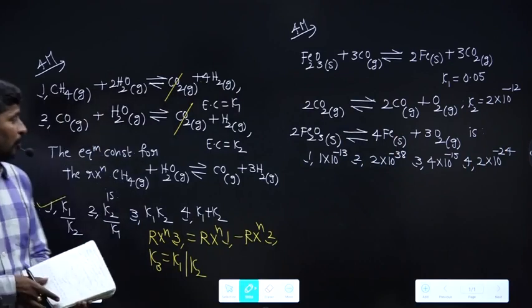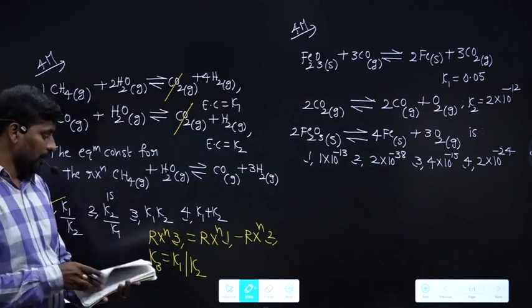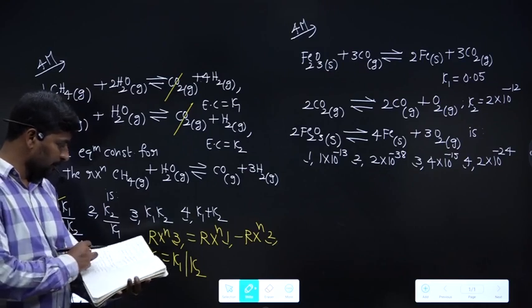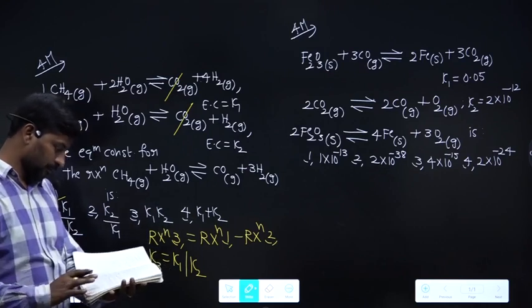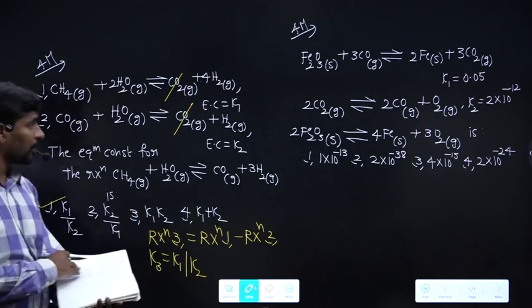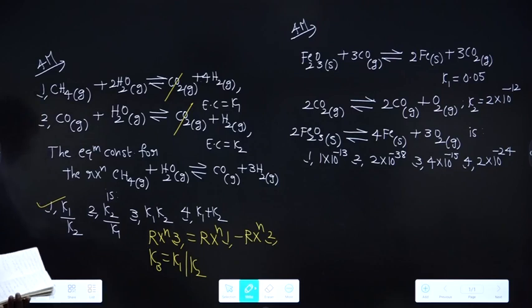Check how we are getting the third reaction. What are the modifications we have to do?